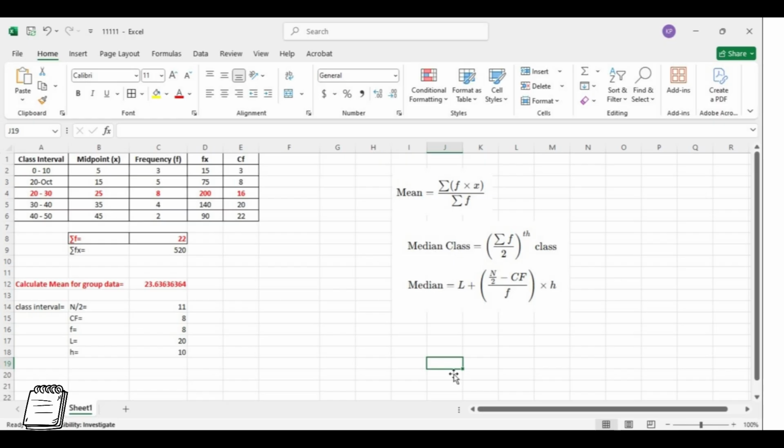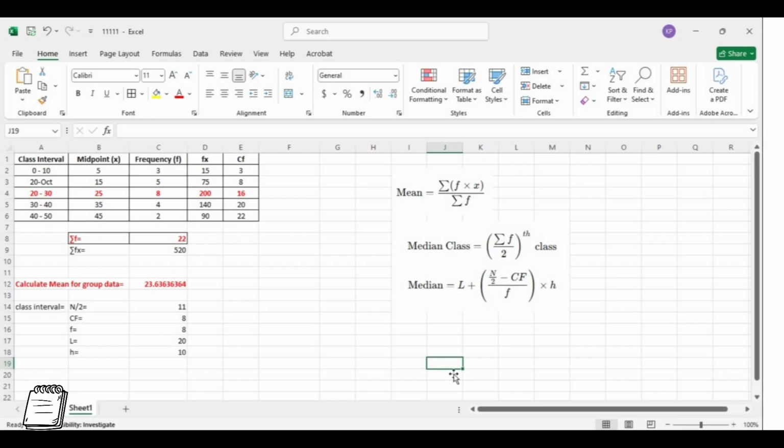Now n by 2 we already counted, n by 2 is equal to 11. Cumulative frequency CF we put into this formula is the one step above the chosen class interval. The chosen class interval's cumulative frequency is 16, so we choose one step above, which is 8. So the cumulative frequency we choose is 8.